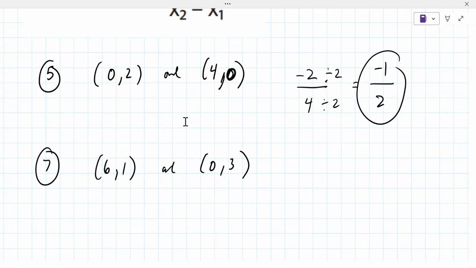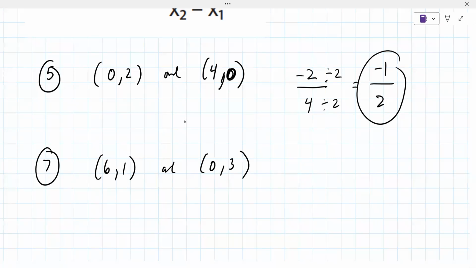That'd be 2 over -6. Okay, keep going. Okay, and then do you move the negative to the top?